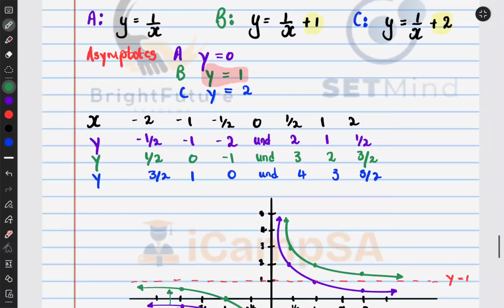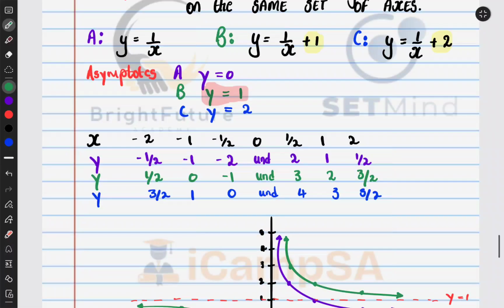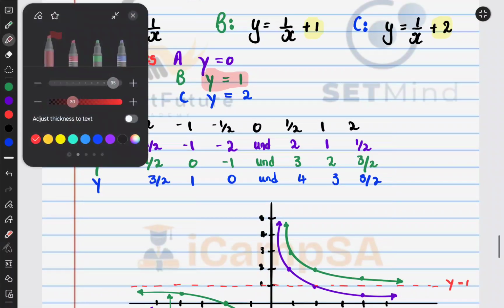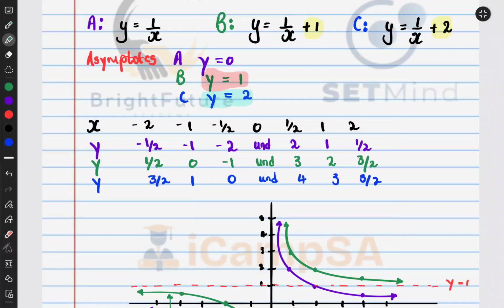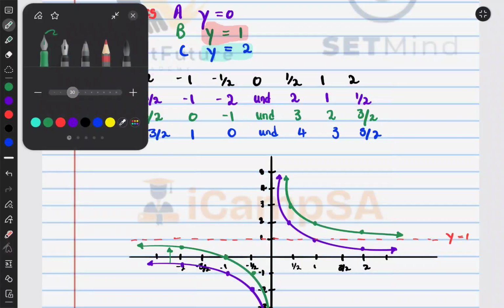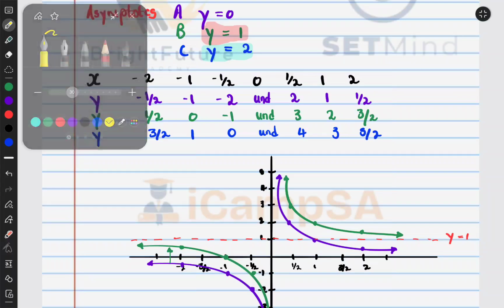And then next we have the c function. It has an asymptote at what? At y is equal to 2. So it doesn't touch that point. It's a blue function. Let me use this color to represent the asymptote.